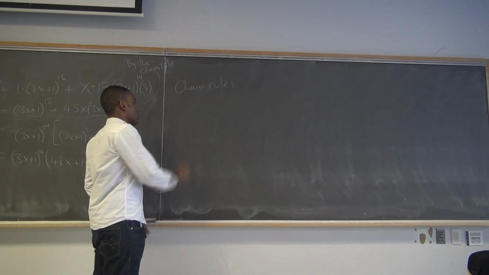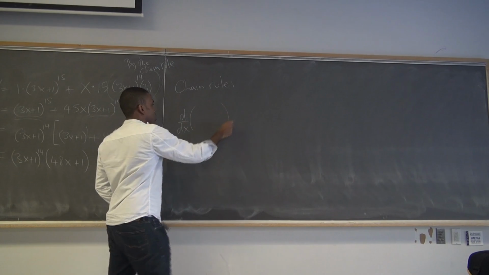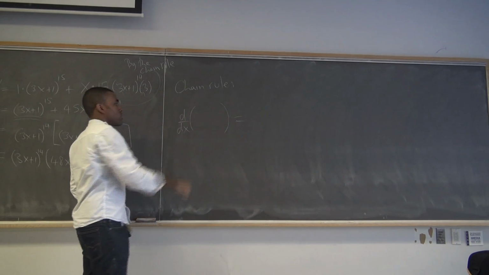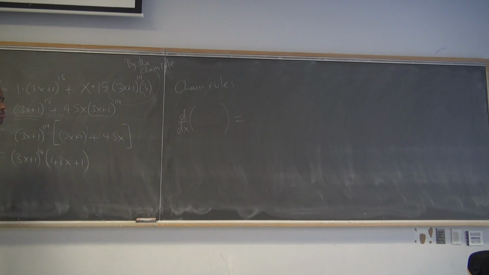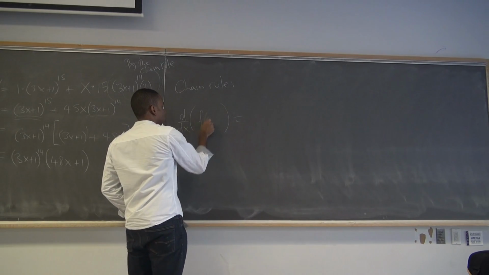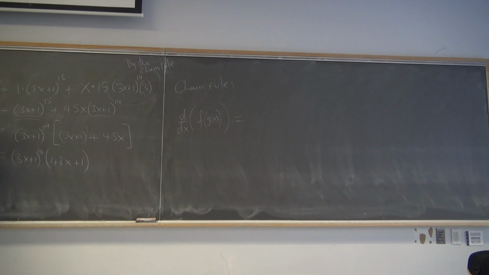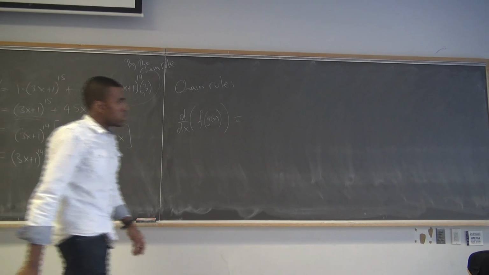What kind of function does it have to look like for you to know you have to use the chain rule? f of g of x. This means you have a composite function. You use the chain rule when you have composite functions, like a function plugged inside another function.